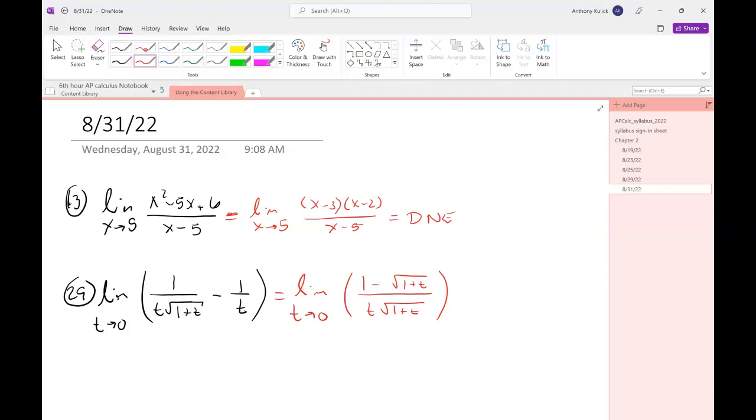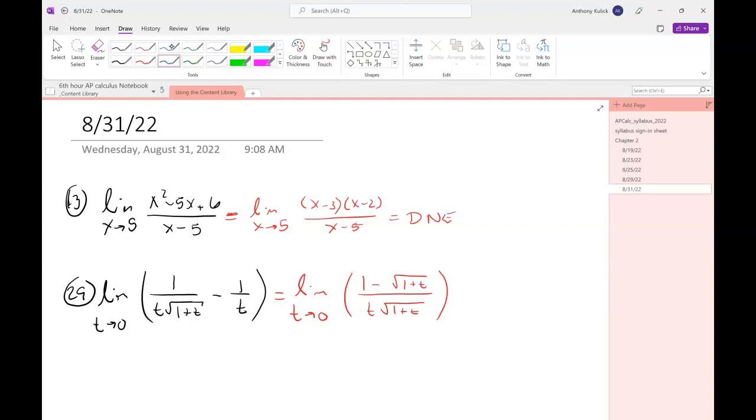Everybody okay there? If I look at that, again, if I do a direct substitution, I still have something over 0, right? So, well, in fact, it'd be 0 over 0, which is doubly bad. So I think probably what I would try here is to multiply by the conjugate with the numerator.